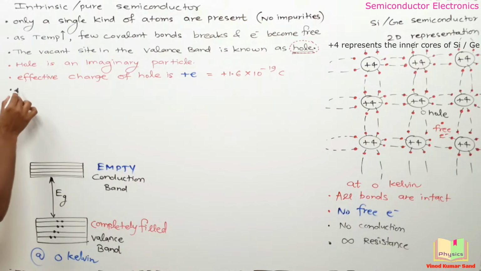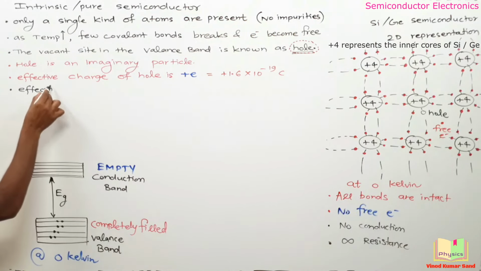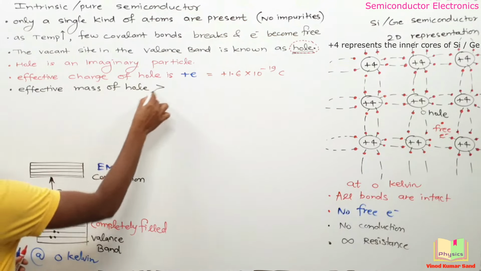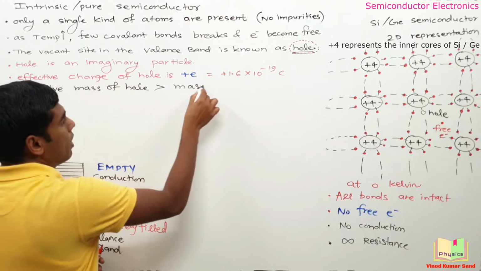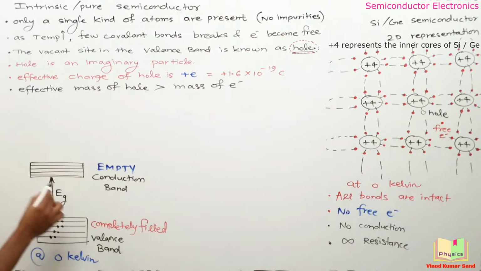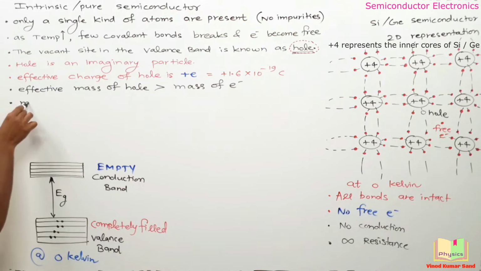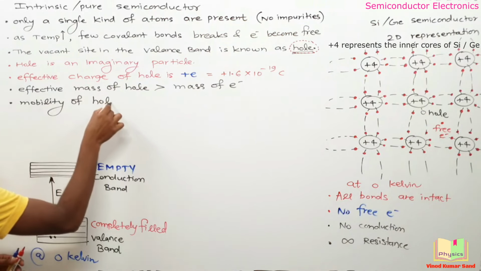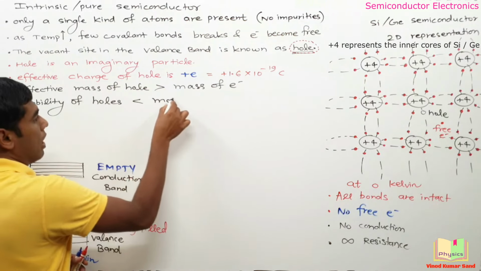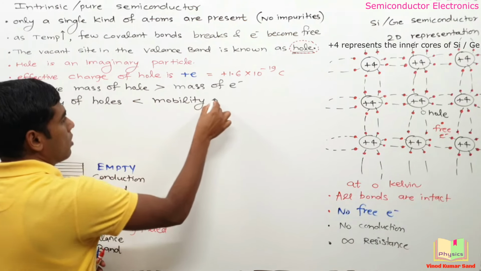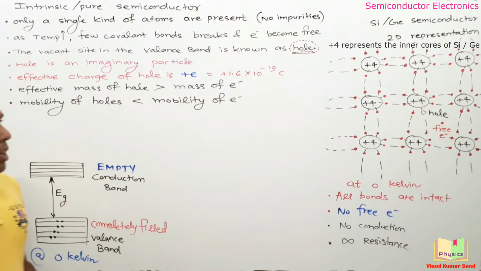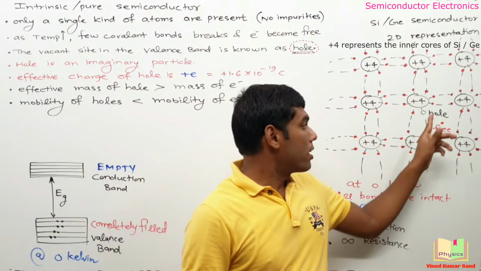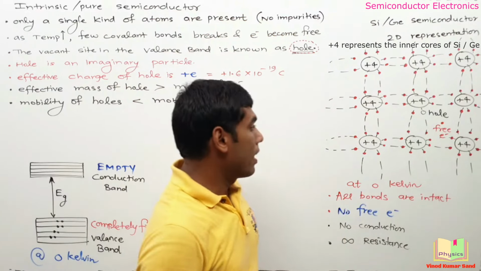The effective mass of hole is greater than the mass of electron, and the mobility of holes is less than the mobility of electrons. So basically we have two kinds of charge carriers in the intrinsic semiconductor, holes as well as the free electrons.